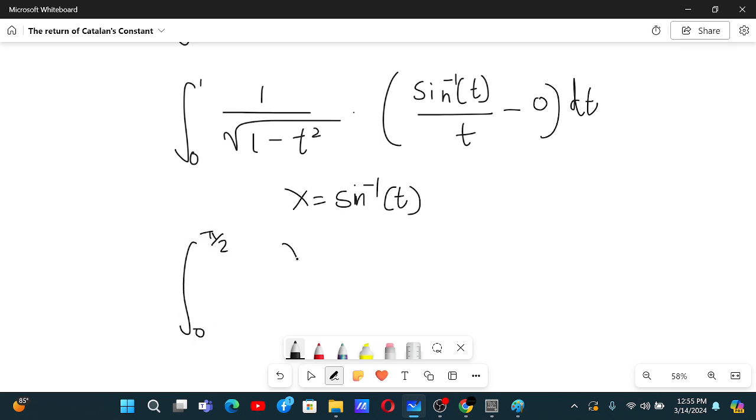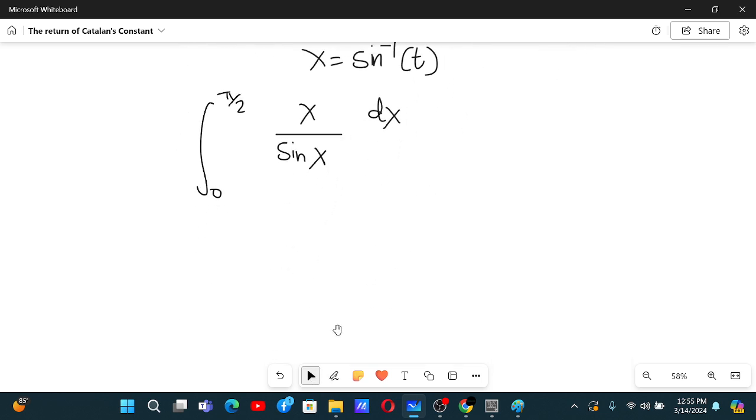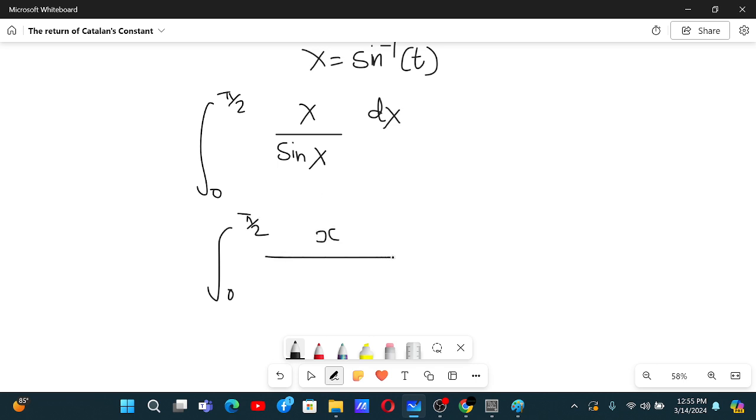Sin inverse t will be x, and dt by root under 1 minus t square will be dx, and t will be sin x. Now how do you simplify this? In your 11th or 12th grade, you might have seen that if we have such cases, we basically split the sin x into sub-angle formulas and then introduce tan and sec square x and then simplify these.